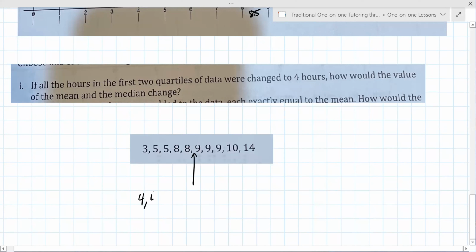So your data set is 4, 4, 4, 4, 4, 9, 9, 9, 10, 14. And they're asking, how would the value of the mean and median change? This is actually kind of like an SAT question. It's like, which data set has the lower mean, A or B? And the idea is you're looking at the lower half.